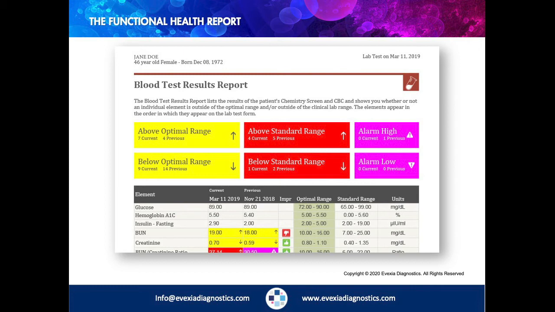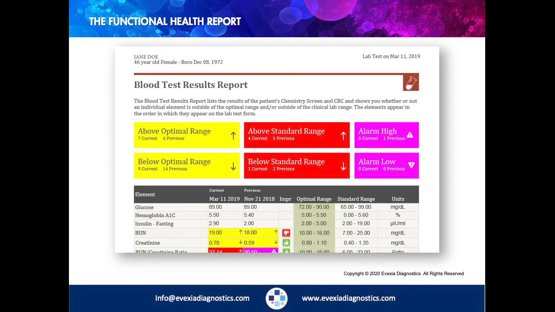At its essence, the report inputs certain laboratory results into the computer program that interprets the lab results from a functional medicine perspective. In other words, it looks for those patterns of dysfunction that I just showed you. So here's a segment of the report that reports on the blood test results.